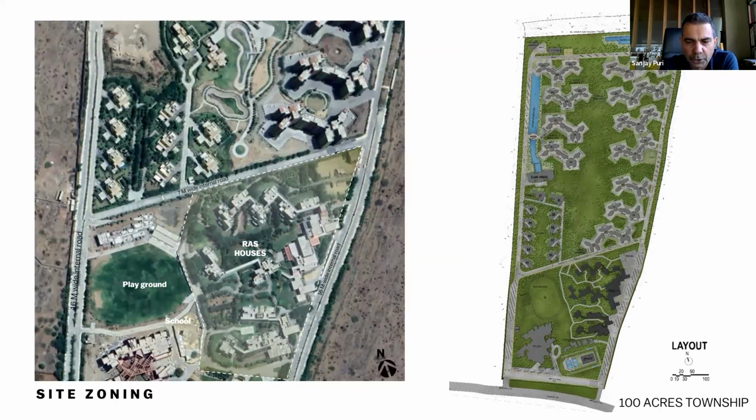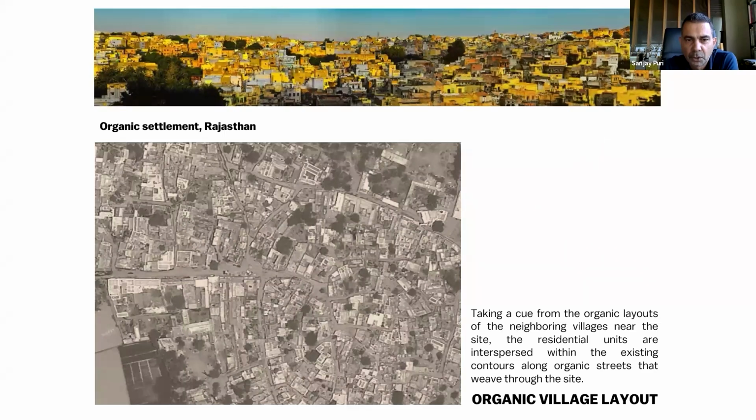So we took the whole cue from organic cities, which are actually unplanned and which are far more interesting to traverse and experience across the world, whether it's in India, in Pakistan, in Italy, or wherever, rather than pure geometry. So this is a blow-up of an organic city, the way the layout is in Jodhpur.